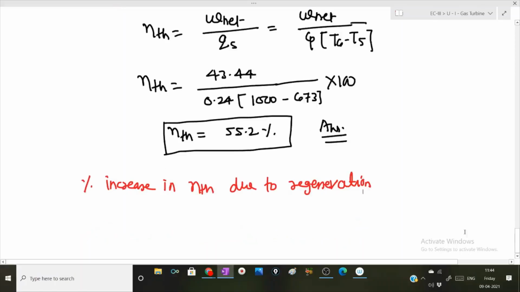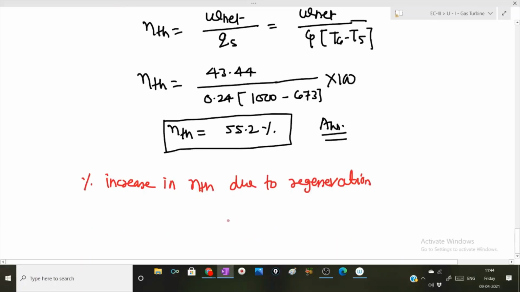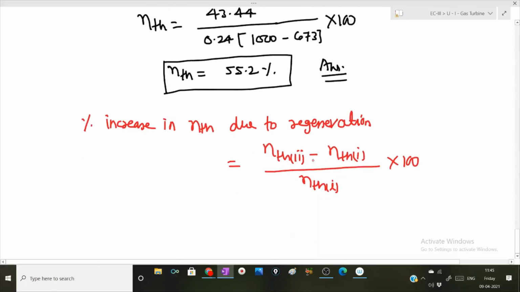That percentage change I can calculate: eta thermal in cycle number 2 minus eta thermal in cycle number 1, over the eta thermal in the base cycle, that is cycle 1, into 100. So this will be 55.2% minus 32.67 over 32.67.